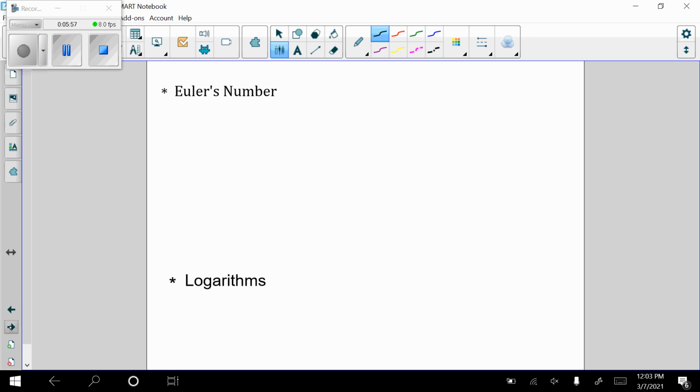All right, so we're going to look at what's called Euler's number. Euler's number is e, which you've seen before. This is pronounced Euler. He is the one that discovered this number. Okay, so e is irrational like pi.